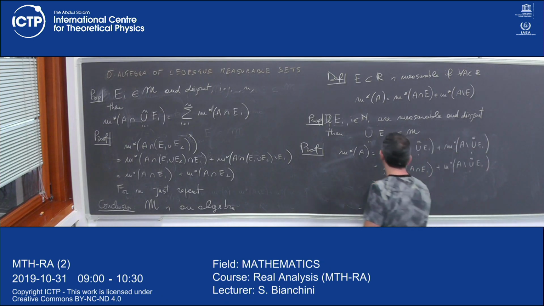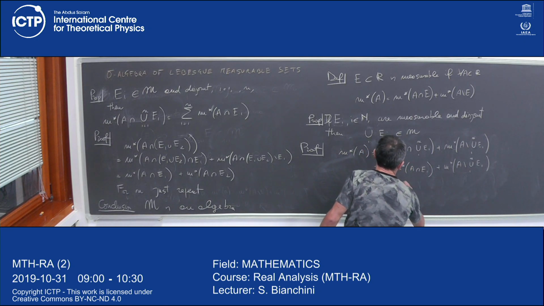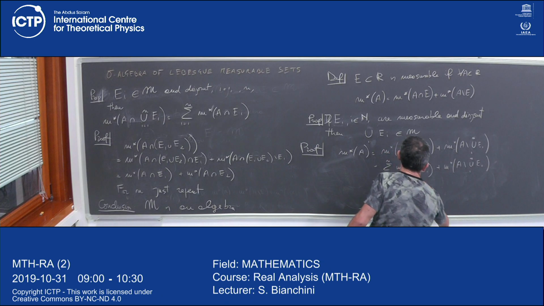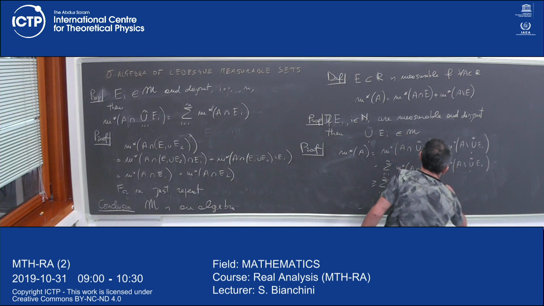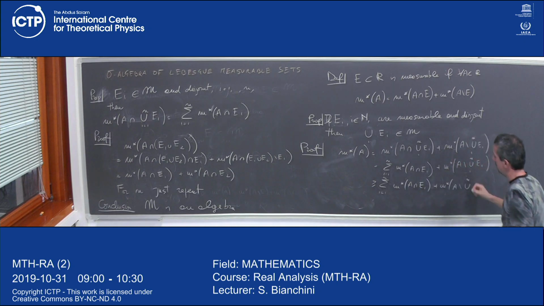So what I get is certainly larger than the sum m star of A intersection E_i plus m star of A minus the union up to infinity of E_i, because this set is small. I subtract a little bit more.